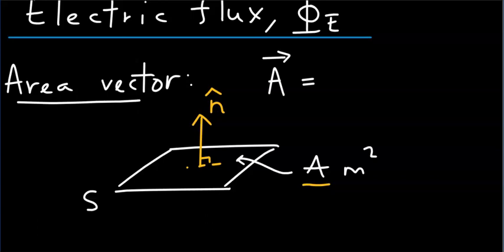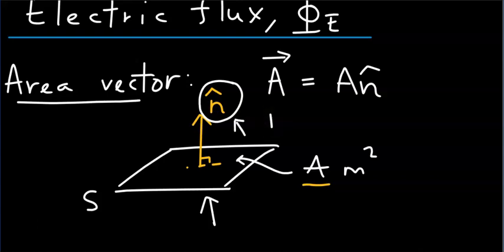So we can write the area vector for this particular surface in the following manner: the magnitude and the direction, n hat. So this is the normal vector to the surface, a normal unit vector, that is, a vector that is perpendicular to the surface with magnitude 1.